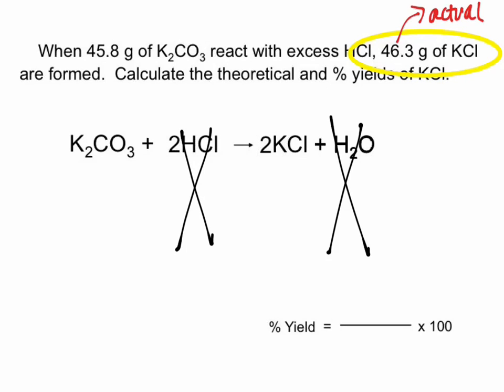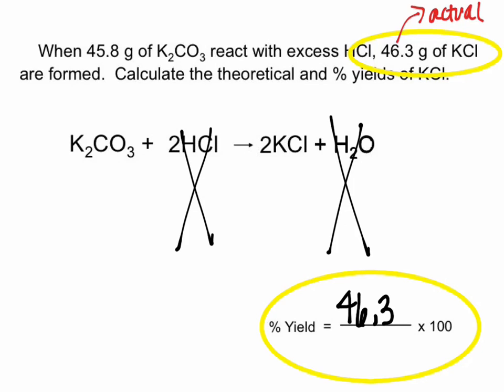So I have my equation down here, and I am going to go ahead and put my actual yield in there. So 46.3. Now for me to get to my percent yield, I need to find my theoretical.